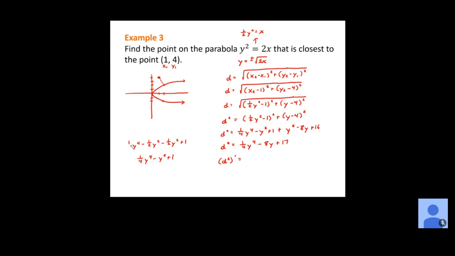Good. Just y cubed minus 8, right? Because the first term there, the 1/4 and the 4 just gives us 1. Drop your exponent by 1, that's y cubed. Derivative of 8y is just 8, and derivative of 17 becomes a 0. All right, so now we have our derivative. What's our next step going to be?